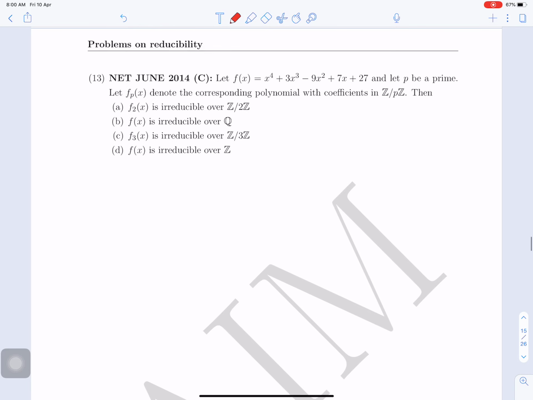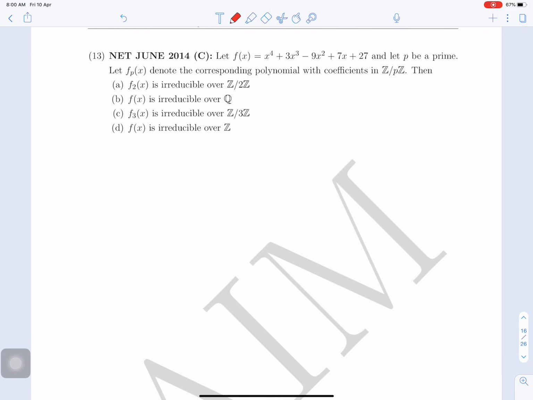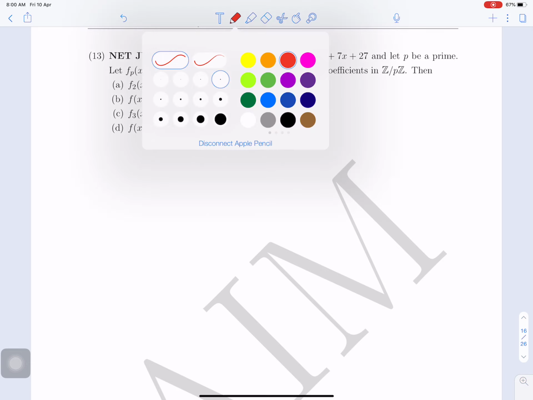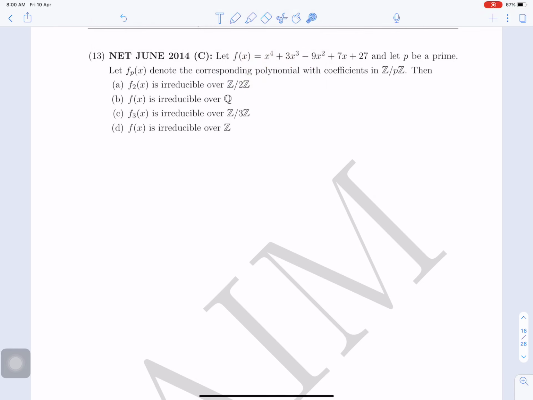Now problem number 13. It was asked in June 2014, part C. f(x) is given, it is a 4-degree polynomial, and p is a prime, and let f_p(x) denote the corresponding polynomial with coefficients in Z quotient pZ.